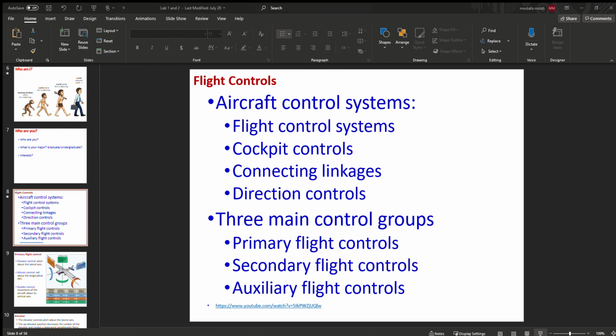Here you see the pictures that should have been part of the animation. Let's talk about them. You have the ailerons deflected up and deflected down. These are called differential ailerons. You have another type called Frise ailerons, which are very popular as well.